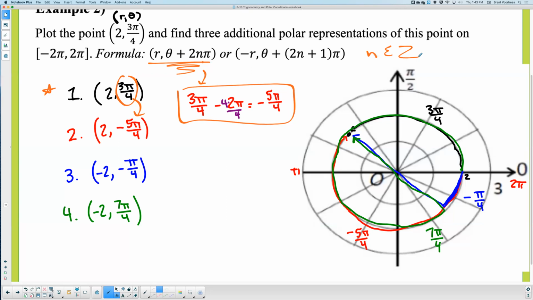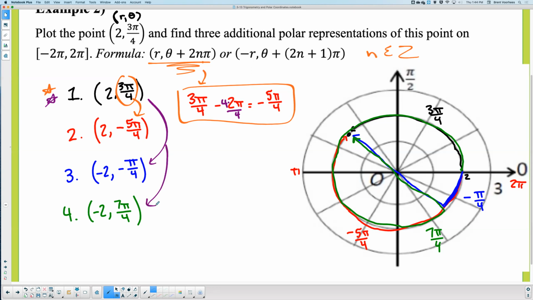Now to get the other value, this 2n plus 1 means you can add an odd number of pi's. You can add an odd number of pi's to get a negative. So for example, if I took this same first point here, I could change the r to be a negative and add or subtract an odd number of pi's. That's what I did here and there.